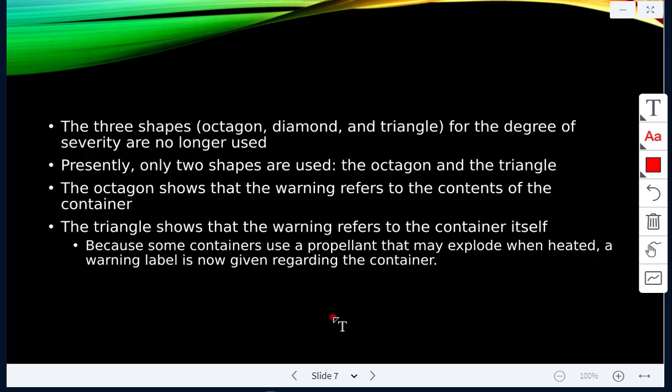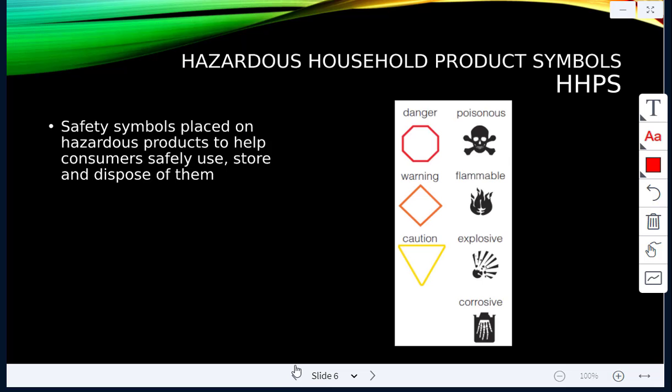And the triangle shows the warning for the container itself, because some containers can explode because they use a propellant that may explode when heated. So a warning label is now given regarding the container. The triangle is for the container, and the octagon is for whatever is inside the container.